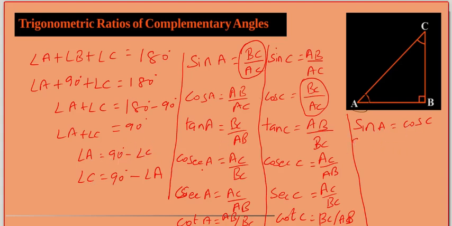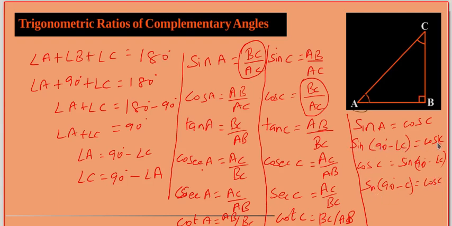Sin of 90 degrees minus angle C equals cos C. So cos C is sin of 90 minus angle C. Sin of 90 minus C is cos C.